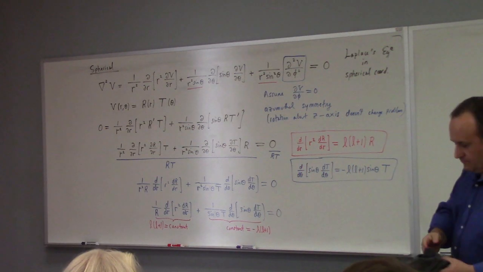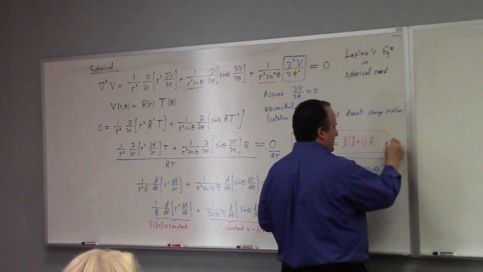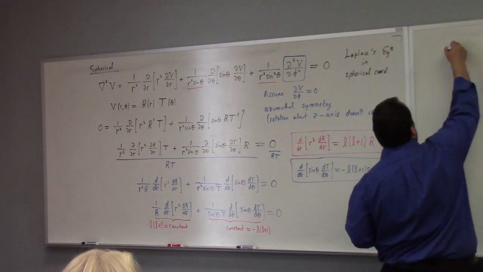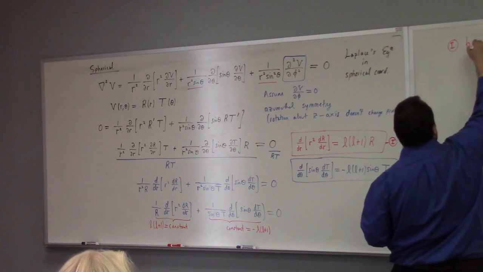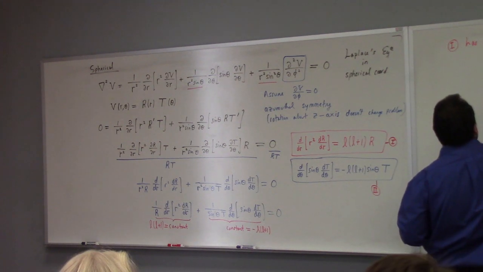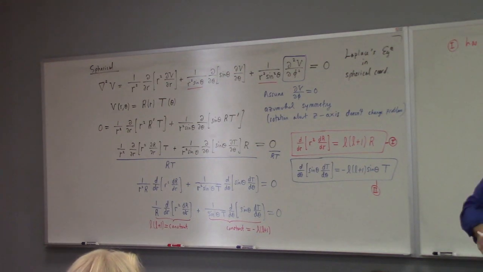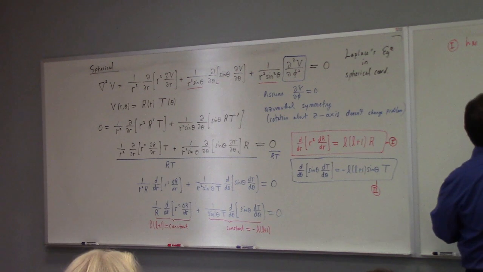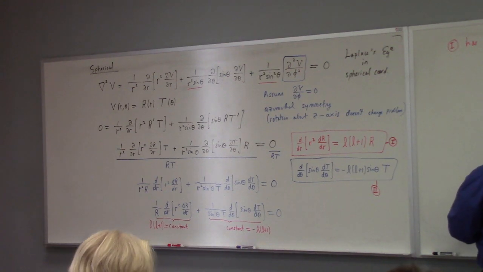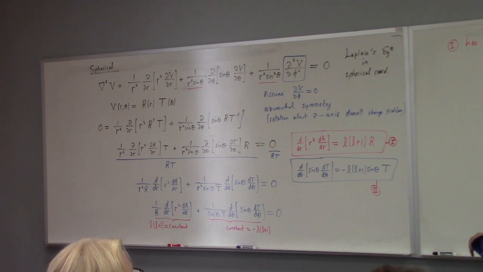But my claim, let me call this one 1, and I'll call this one 2, all right? So 1 has as solution R sub L equals A r to the L, little r to the L, plus B over little r to the L plus 1.